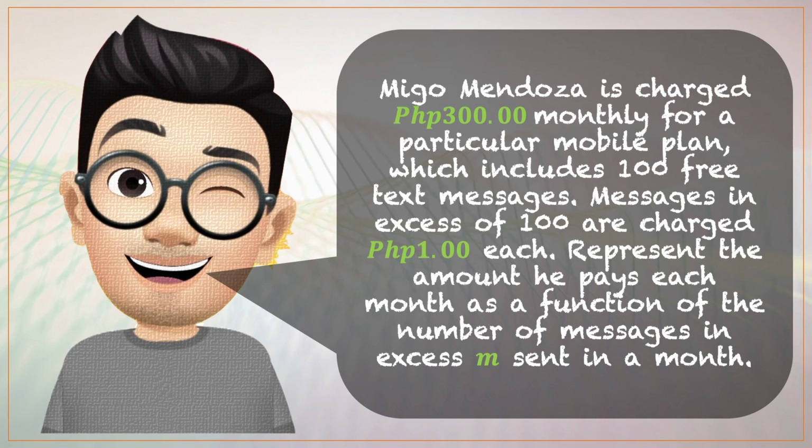Messages in excess of 100 are charged 1 peso each. In this problem, we are asked to represent the amount he pays each month as a piecewise function of the number of messages he sent in excess of the free 100 text messages per month.